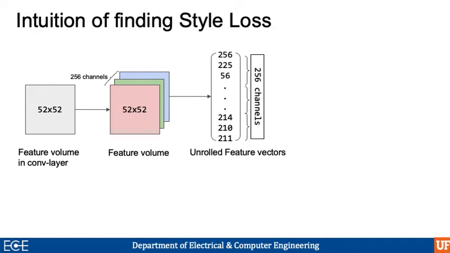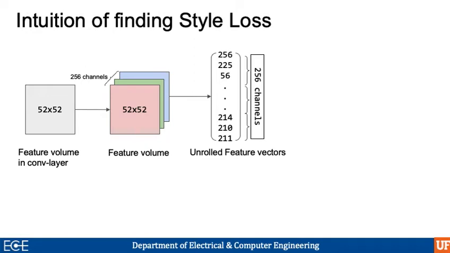Now let's assume there is a channel A whose activation units may get activated when they come across an image section containing black and brown stripes. And then there is a channel B whose activation units may get activated when they come across something similar to an eyeball of a cat.